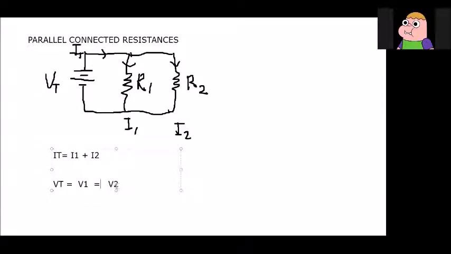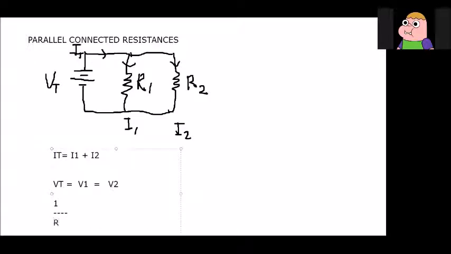So again, that's one thing we notice with parallel connection. The currents are added together. However, the voltages are noticed to be all the same. Now, what about the determination of the total resistance? The total resistance is similar to your capacitance, so we get the reciprocal.